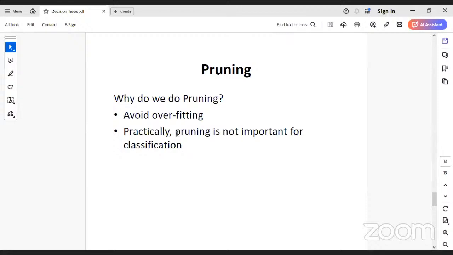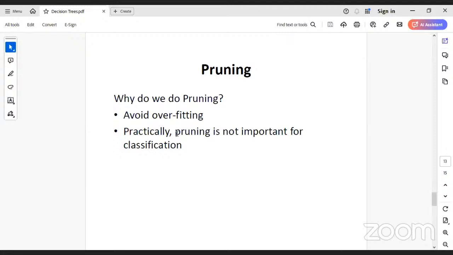C5.0 is a simple algorithm, but a very beautiful, well-proven algorithm which most of us use. But when it comes to overfitting, we have to do some experimentation, a trial and error process. The CART algorithm is a little bit tedious, tricky and difficult.